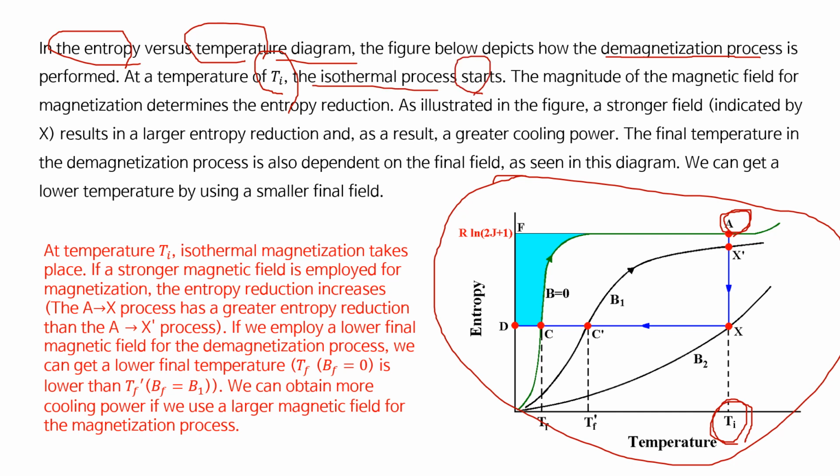The magnitude of the magnetic field for magnetization determines the entropy reduction. So if we use a small magnetic field B1, this entropy reduction is very small.